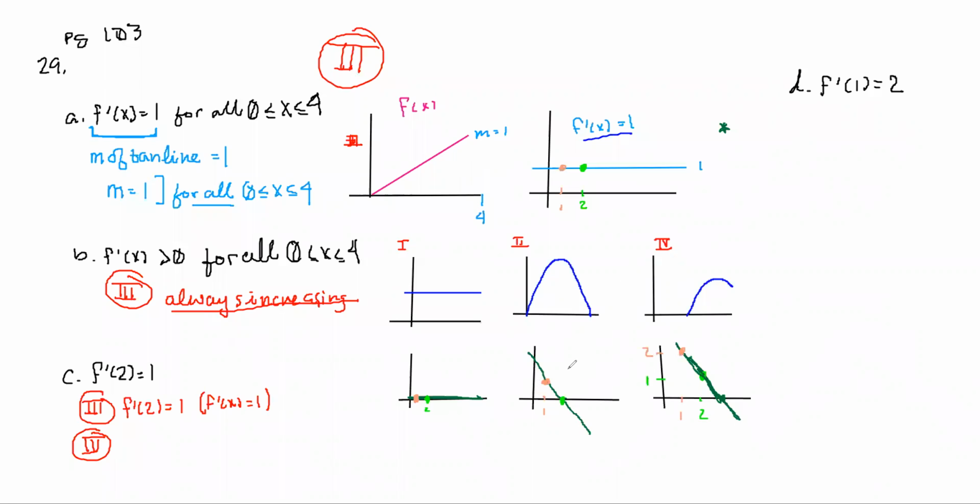So what are potential graphs that work here? 2. Yep, 2 works. And what other one? 4. Mm-hmm. Exactly.